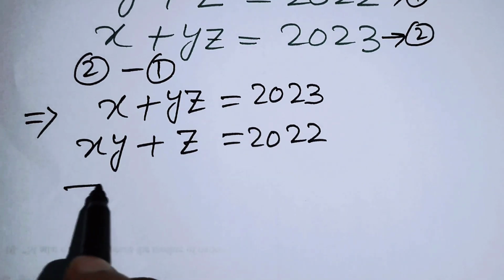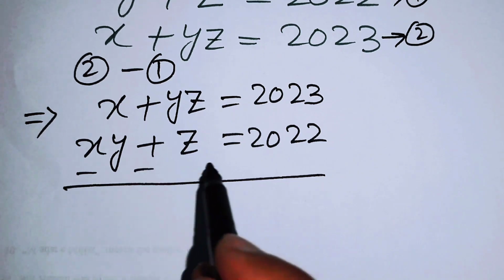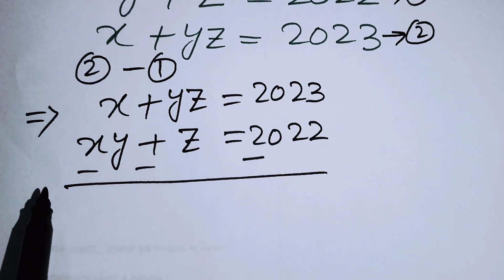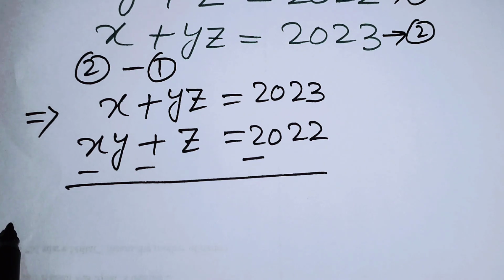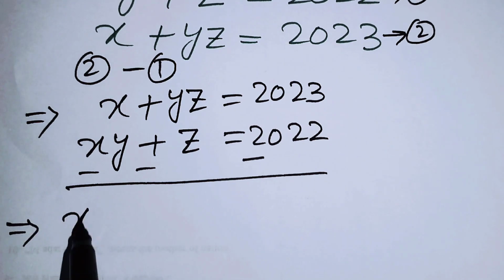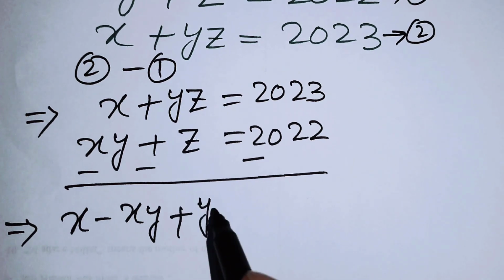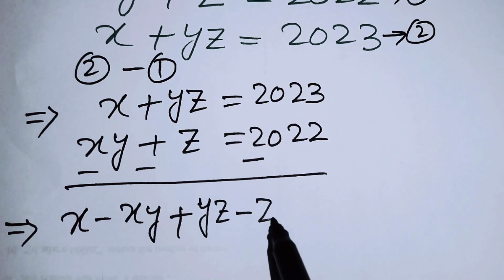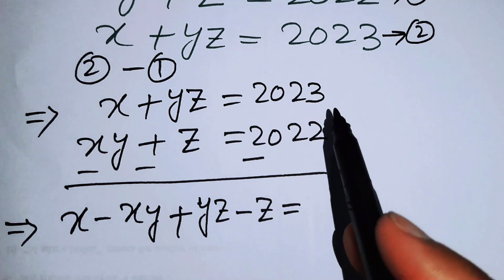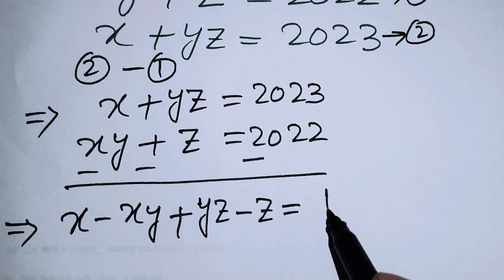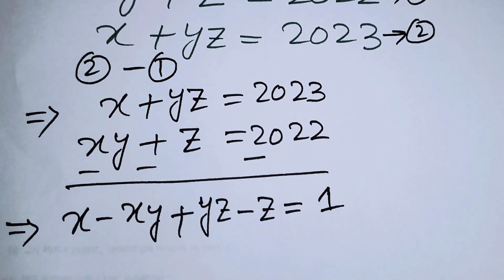And now we can just subtract these two equations, so we will change its signs, and you obtain here x minus xy plus yz minus z is equal to 2023 minus 2022 is equal to plus 1.